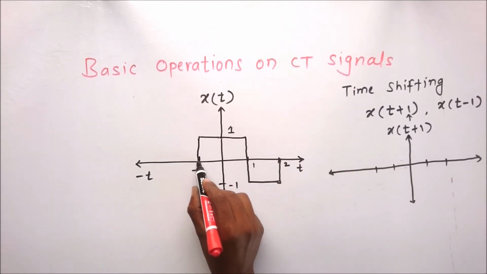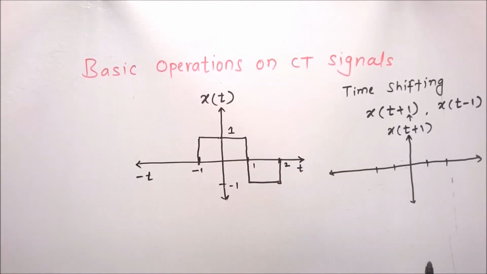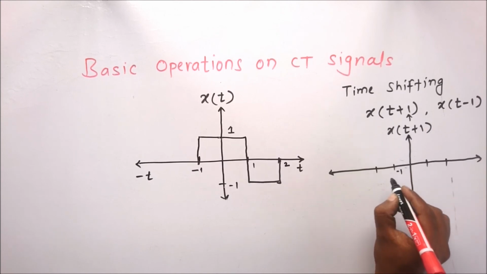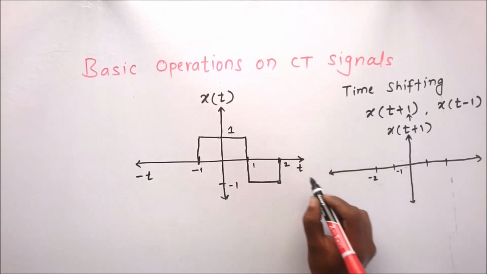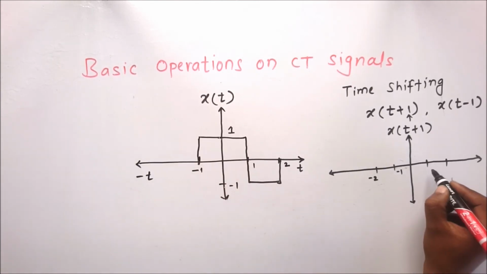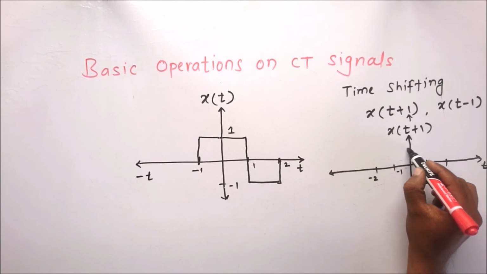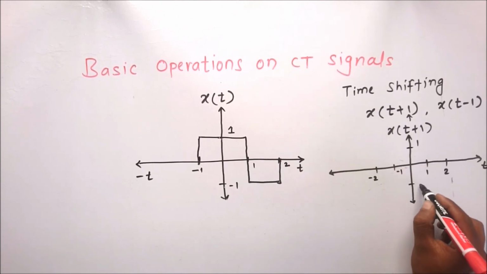Now the signal is starting at minus 1. It will shift by 1 unit as x of t plus 1 is given. Minus 1, minus 2. The signal is ending at 2. It will shift by 1 unit, to 1. There will not be any change in amplitude.